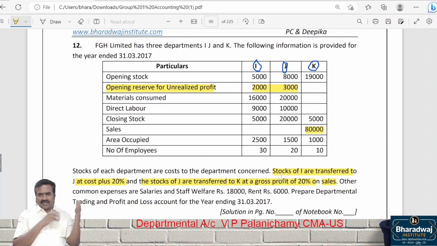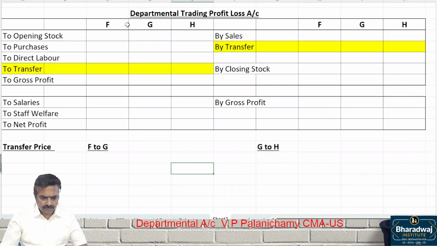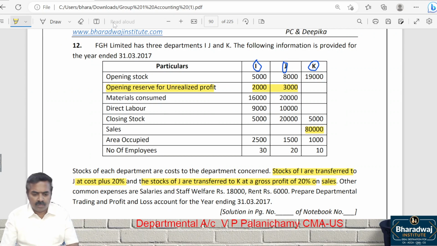Past class we have not done. Try, and tell the answer. Let us see. We'll prepare a departmental trading P&L account. What are the departments? I, J, K.